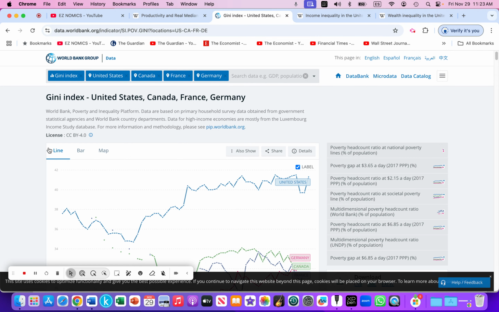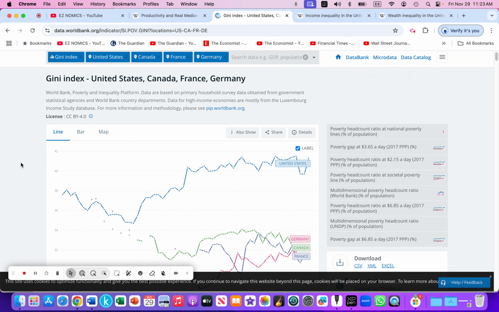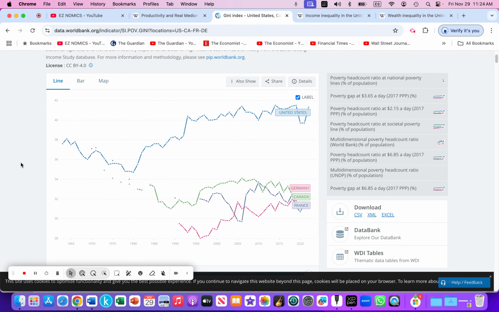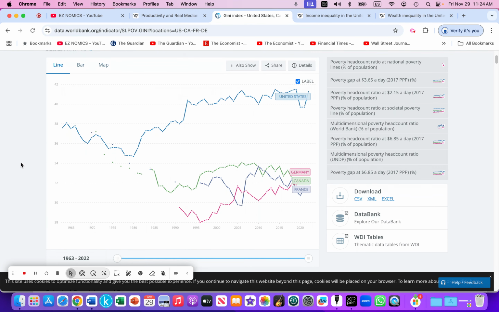And if we look at the World Bank providing some data on the Gini index, where we want to be closer to 0 than 100, we can see that the U.S., which is the top line here, from 1965 to 1980, the distribution of income was improving. We're getting a better and better distribution of income.